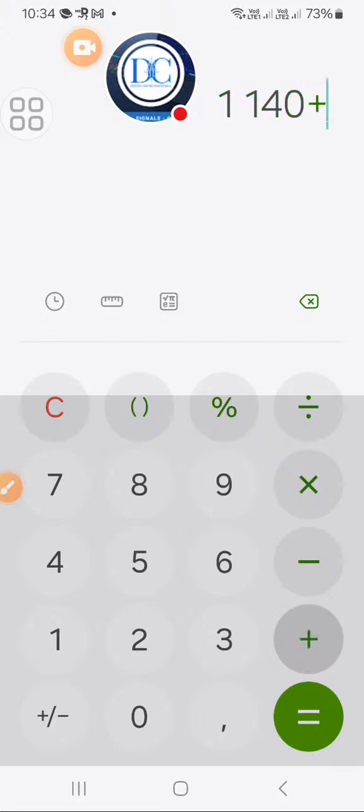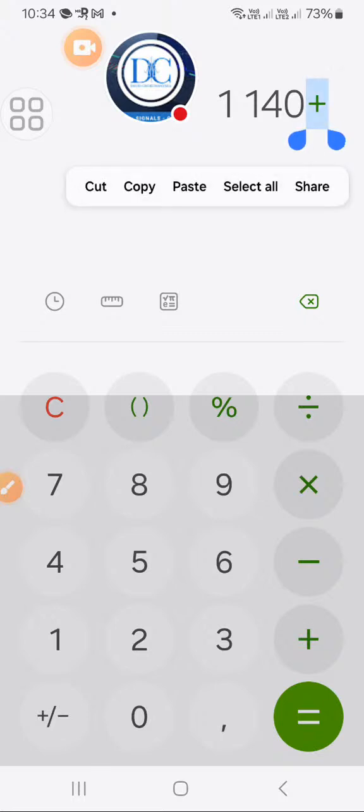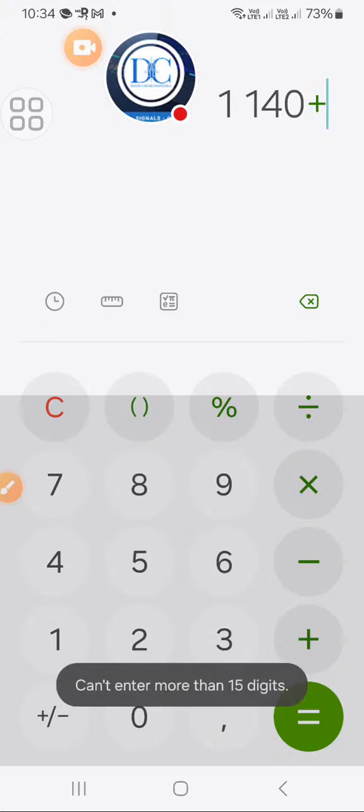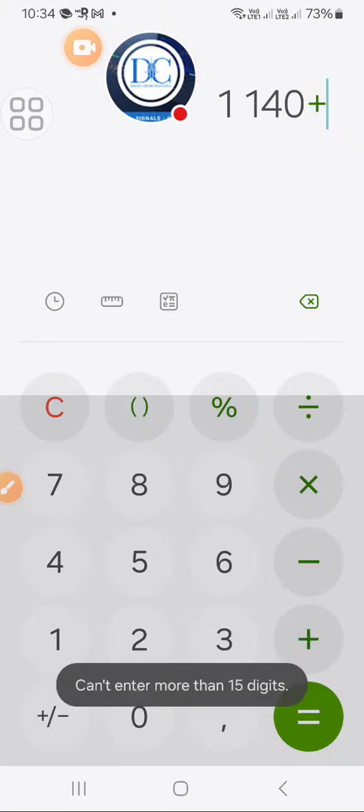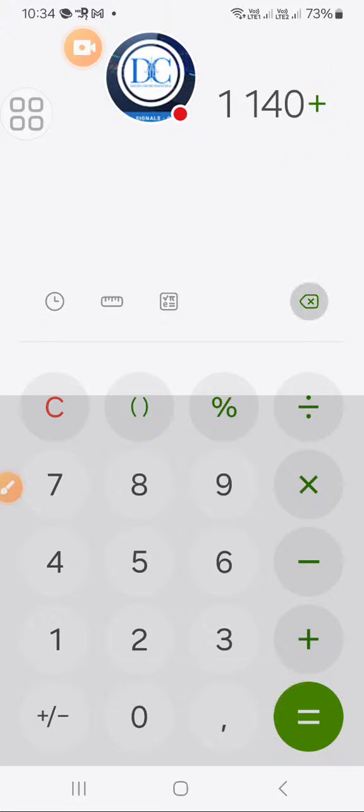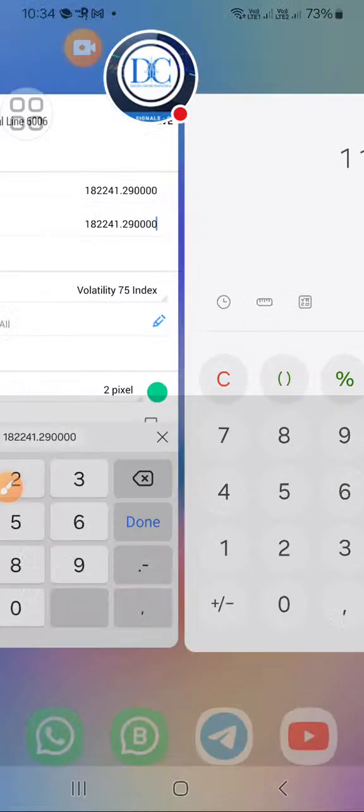This is the answer. We're going to paste it here. Let me just paste it first. I have to copy this number manually.